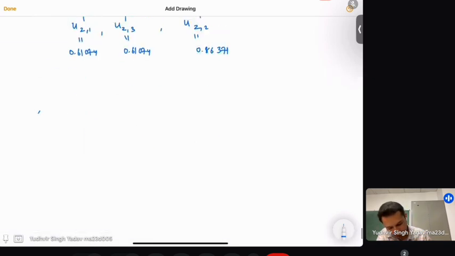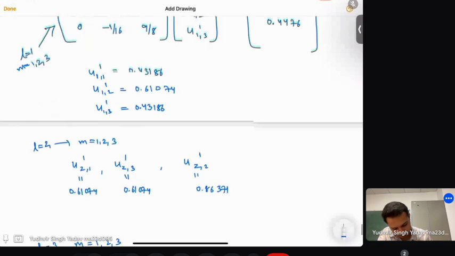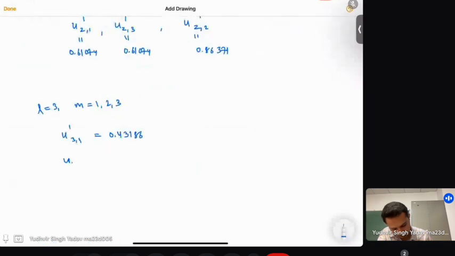Now the third case, when l is 3, and you change m for 1, 2, and 3, the solutions are u3 comma 1 at first time step, which is 0.43186, u3 comma 2 is again 0.43186, and u3 comma 3 at first time step is obtained as 0.61074.